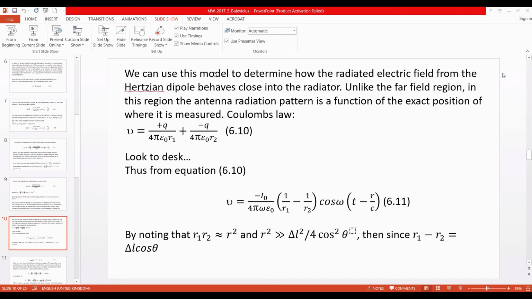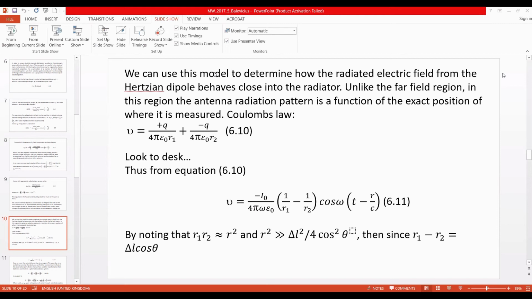Unlike the far field region, so we have near field and far field. The near field is what lives around the antenna, and the far field is what is radiated in free space.